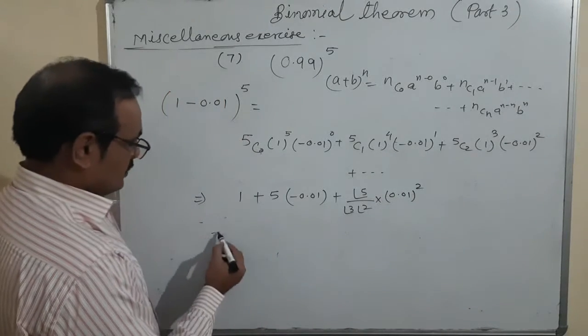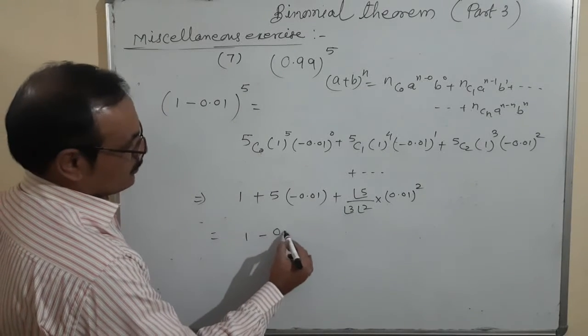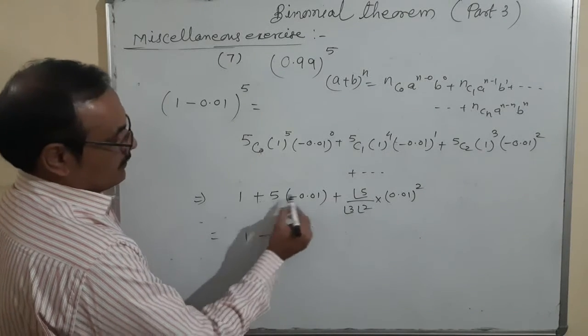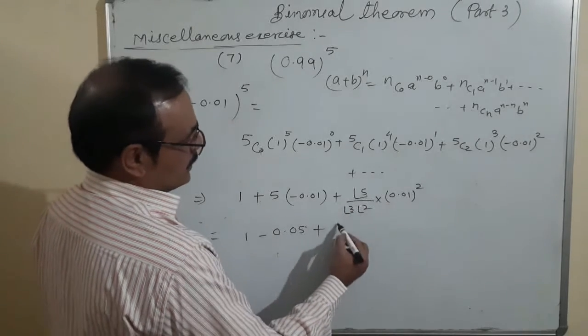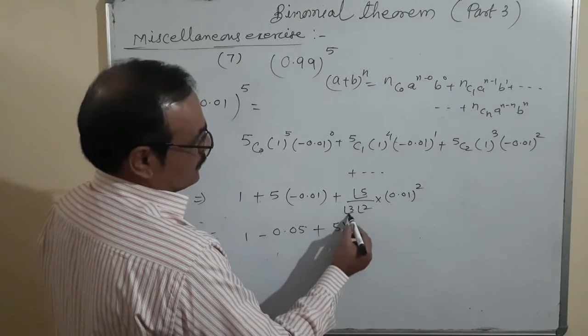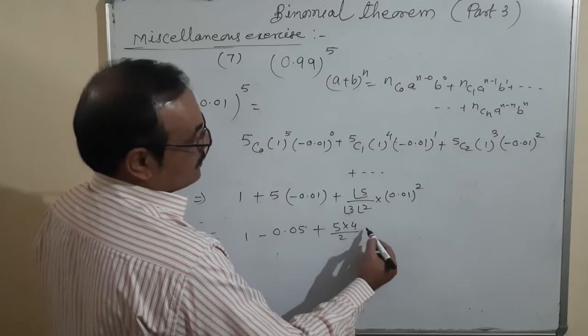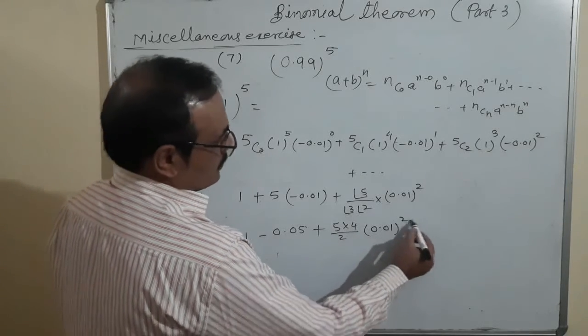Now let us see. 1 minus 0.05 plus 5 into 4 is 20, factorial 3 cancels, upon 2, into 0.01 square.